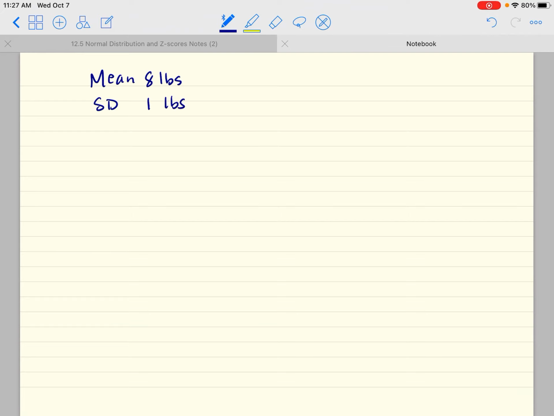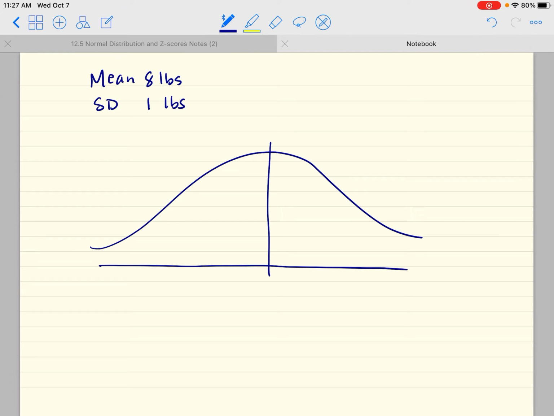We could make a normal curve for that situation. We put our mean in the middle, and then add and subtract our standard deviation: add it once, twice, and 3 times, subtract it once, twice, and 3 times.